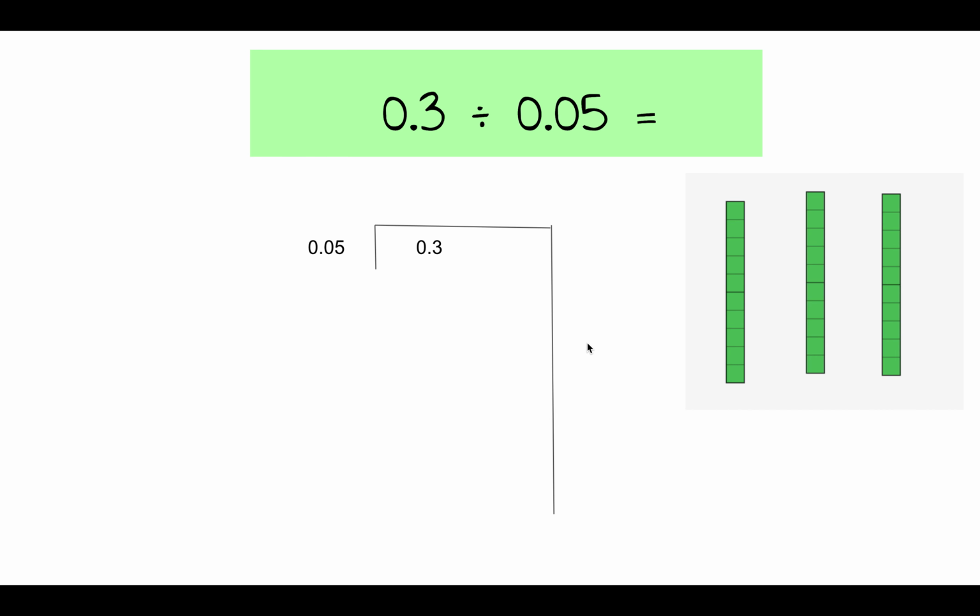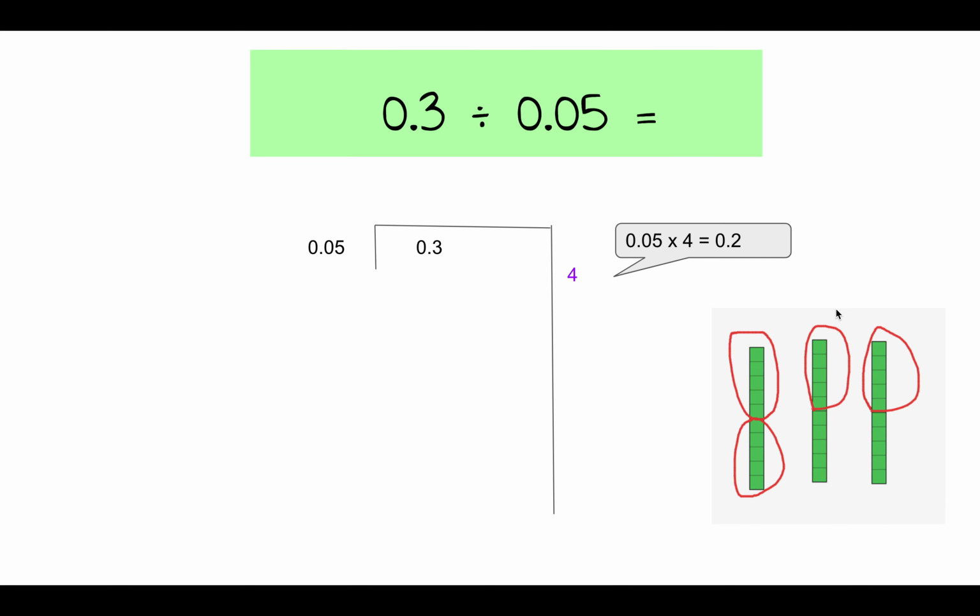Now let's look at a division problem. If I divide 3/10 by 5/100, do you expect my answer to be smaller or bigger? Let me know. So let's try it out. Here's my 3/10. And I'm going to start by making 4 groups of 5/100.